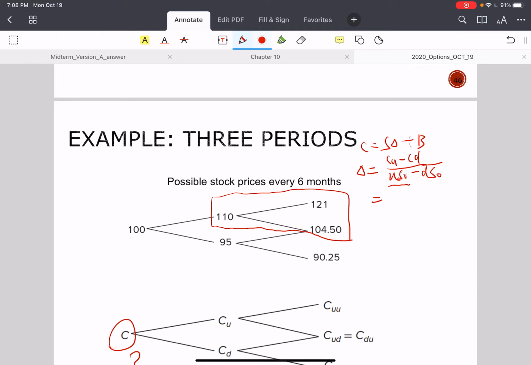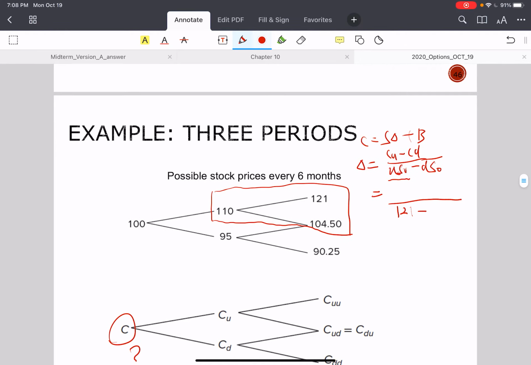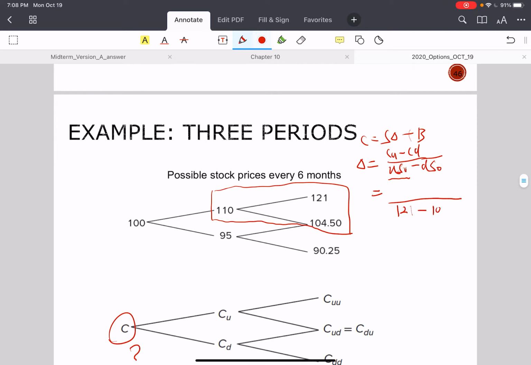So here you can see that if the stock price increases, it would be 121. And if this stock price decreases, it would be 104.50. And now what is CU? Well, we know the exercise price is actually 110, right? So the CU is 11, right? It's essentially 121 minus the exercise price.